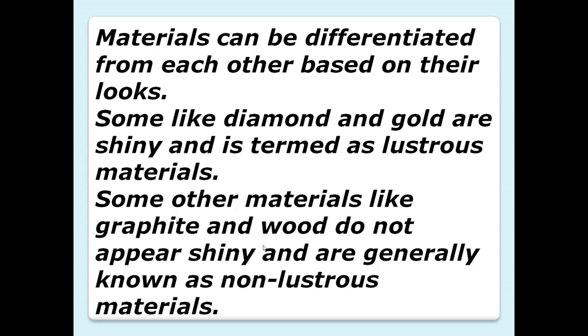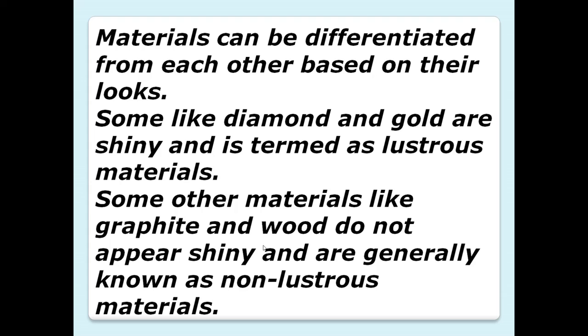With the previous example, that is wood and metal, we have understood that some materials are shiny or lustrous. They have a shiny surface. So these materials can be classified as lustrous materials. Some materials do not have this shiny or lustrous appearance.